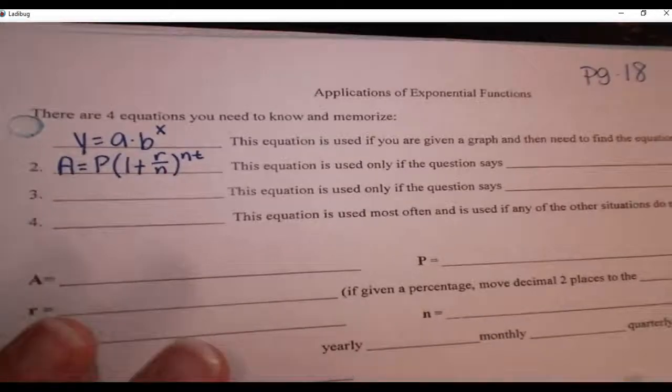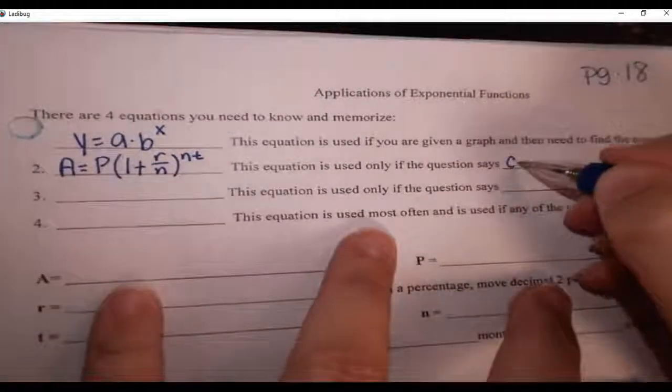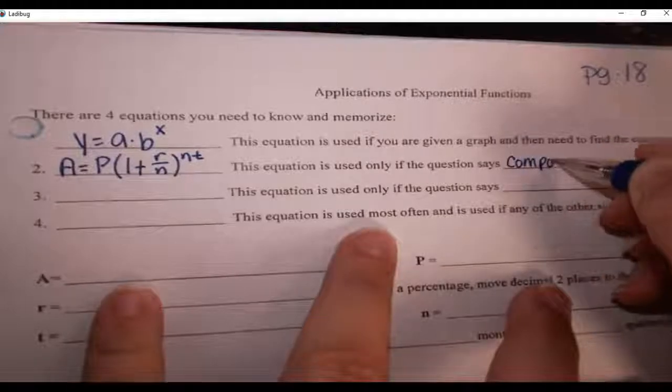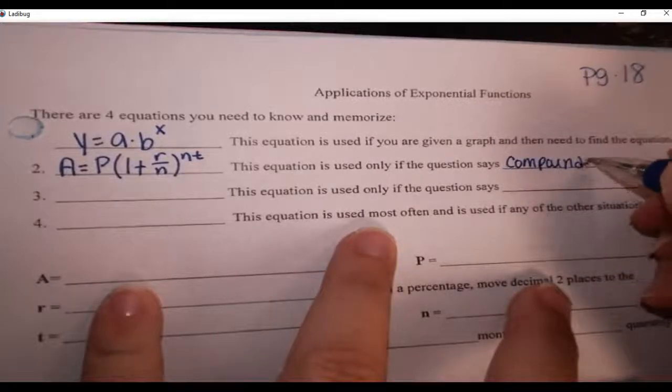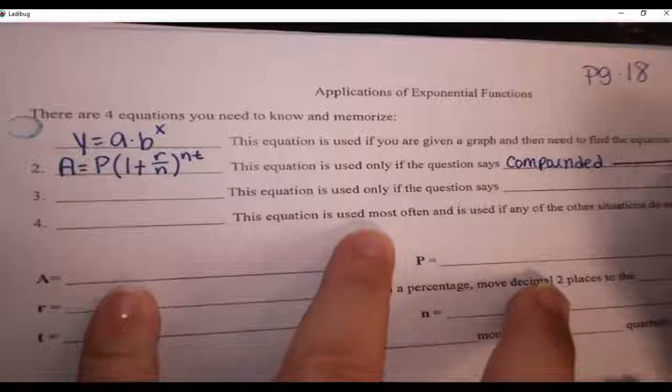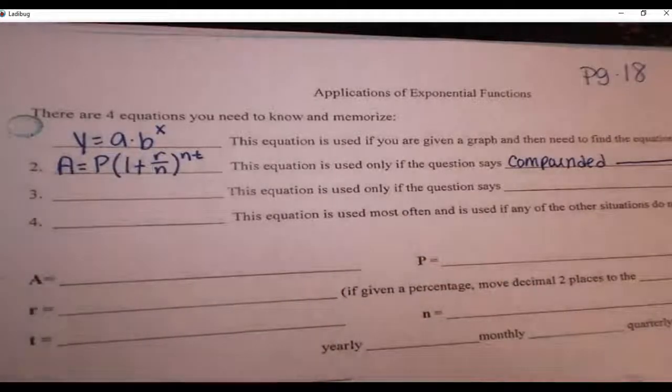But the question will say something like compounded, and then something. So it might be compounded yearly, it might be compounded monthly, but it's going to be compounded and then a length of time. Okay.